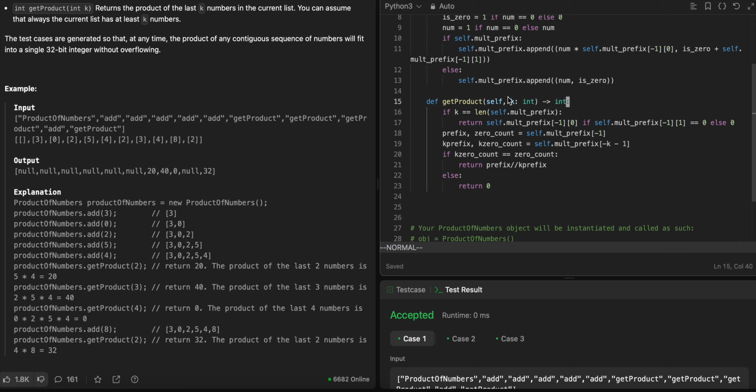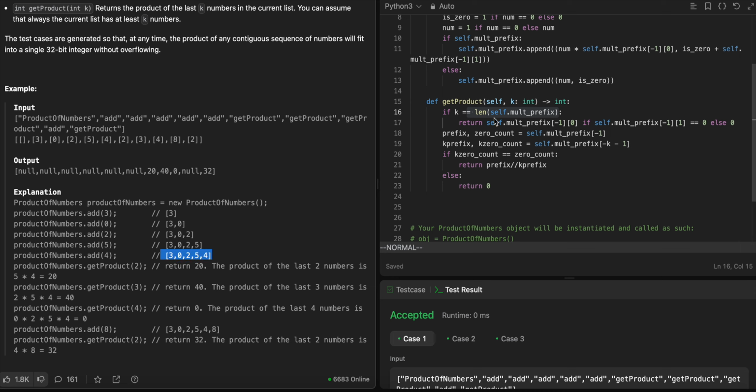And the interesting part is in get product. What happens? First of all, I check, does k equal the whole length of the array? Sometimes it asks for k, where k is the whole length of the array. If that's the case, I'm just going to return the last value. But I need to check as well, because we never set zeros in our prefix.